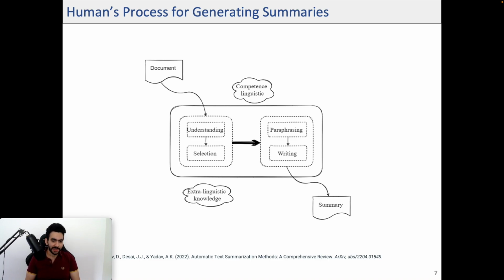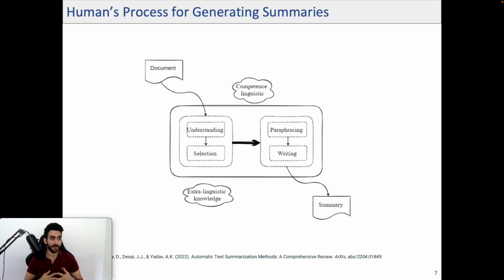So let's start by looking at the human process for generating a summary. If you have a document, using your linguistic competence and extra-linguistic knowledge, you start with an understanding phase. You understand what the problem is and understand the source text. And then you digest the information, you think about it, you organize things, and then you go into the phase of paraphrasing and writing.